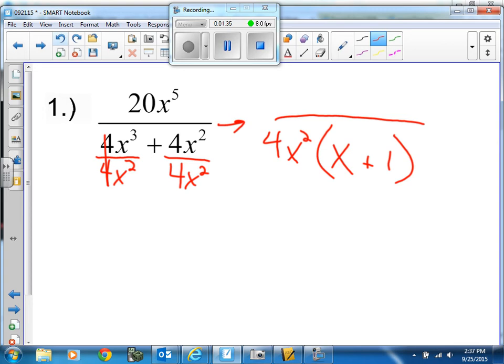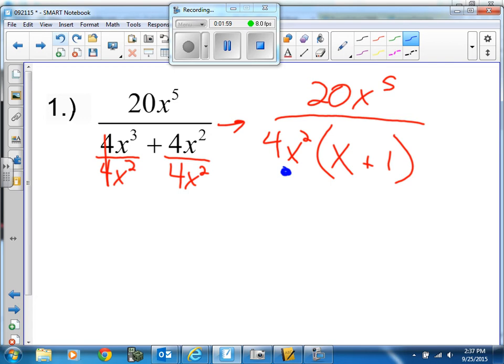On the top, what can I break? I'll just write this down, 20x to the fifth. Now, since I've made it to where we have two factors, we've broken this up into 4x squared and x plus 1. We can now simplify.